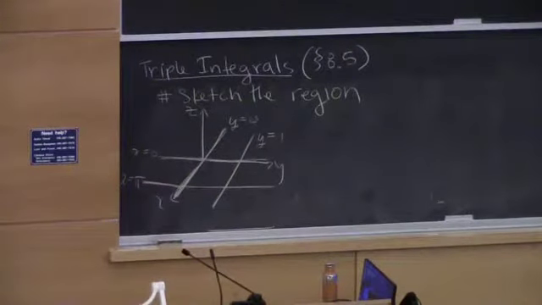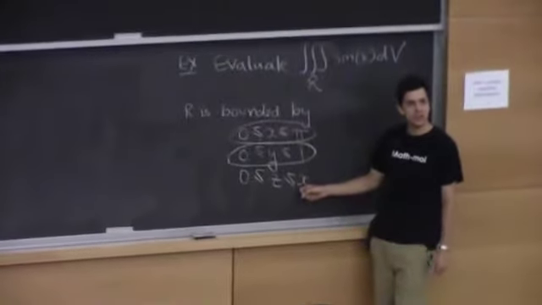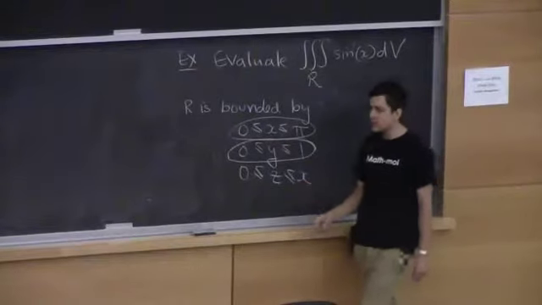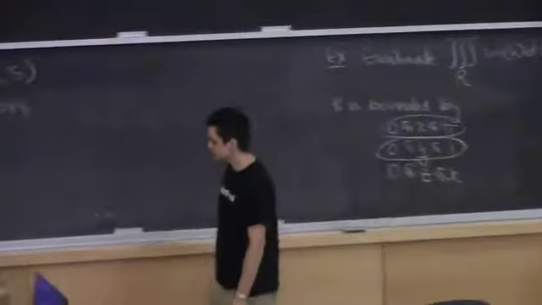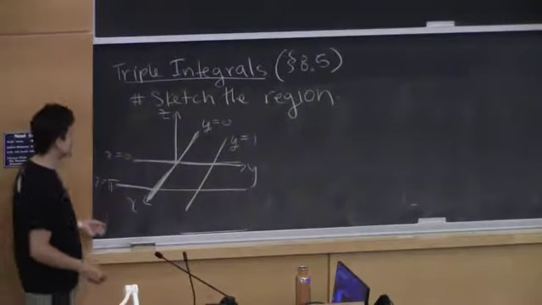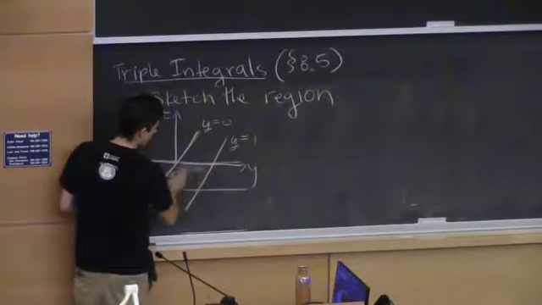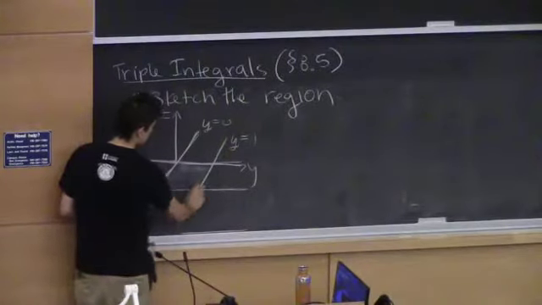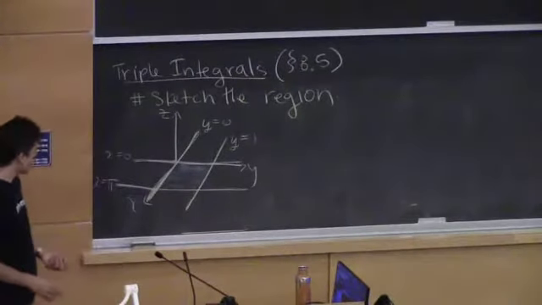So it's saying that z, the height of this thing, is always bounded by the x coordinate. Okay, so when we look at our graph, we know that z is going to be bigger than z is equal to 0. Right? That's that plane there.